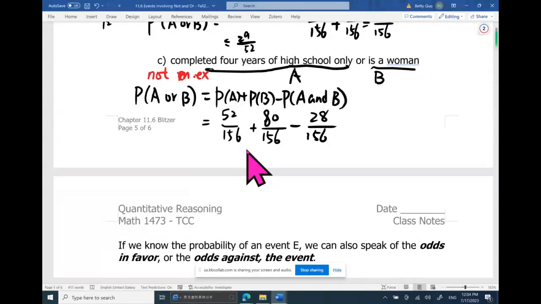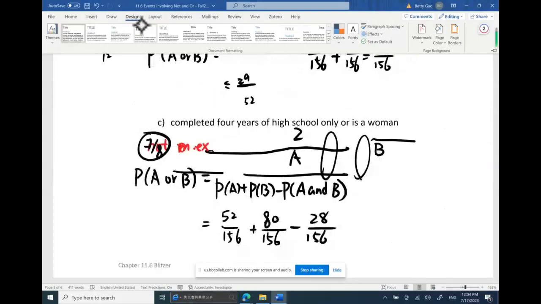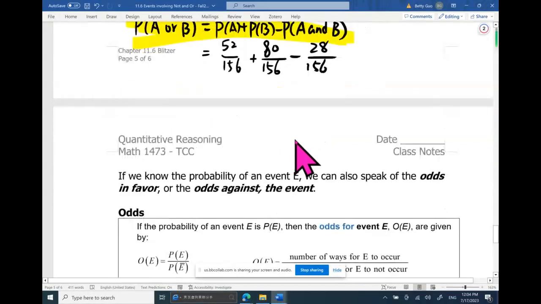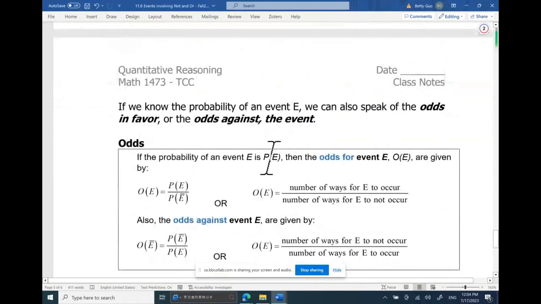Otherwise, if they are not mutually exclusive, then you're going to use the longer version formula to find the probability of A or B. You need to remember both formulas. Together, the two formulas give us the addition rule in probability theory.